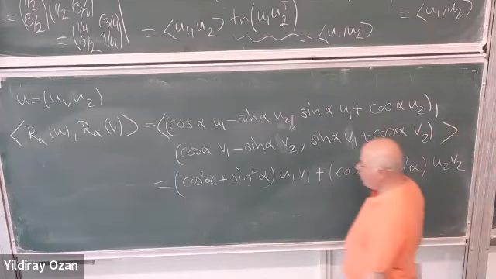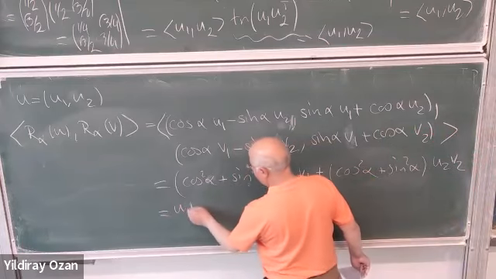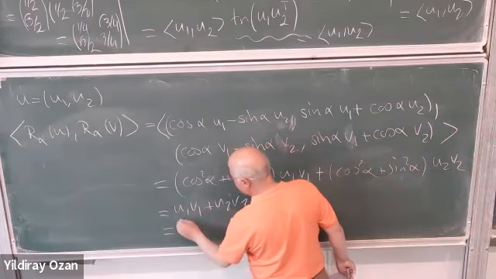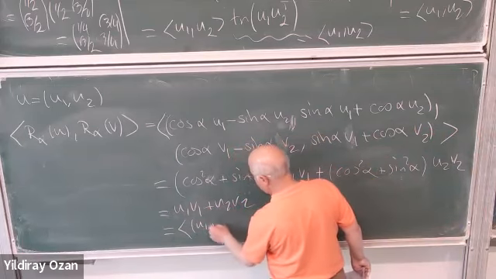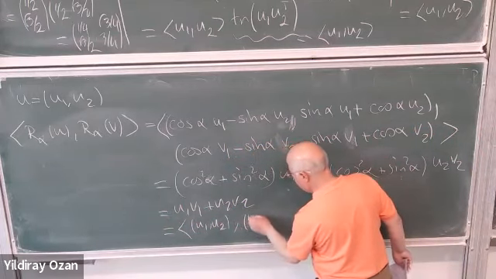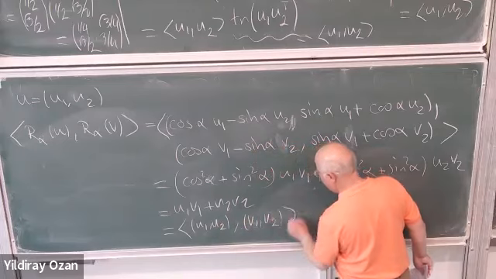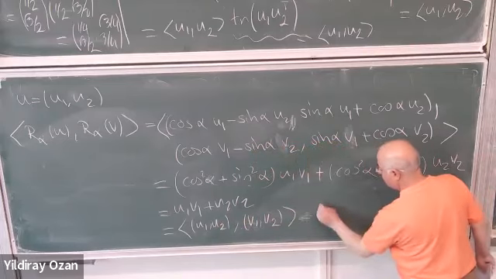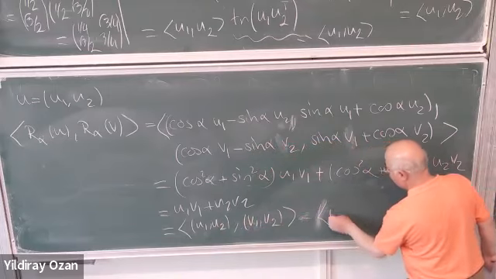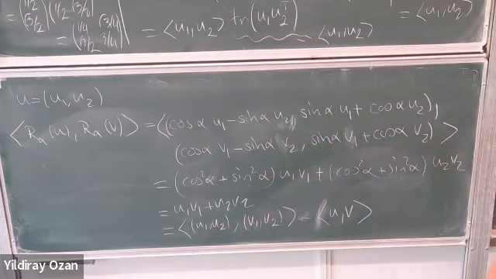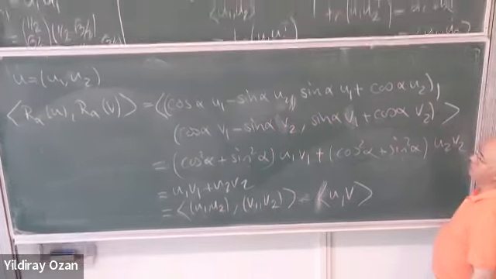But these are just one, so that is just u1 v1 plus u2 v2, and this is the same thing as the inner product of these two vectors. Therefore, this is just the inner product of u and v. Therefore, R alpha is orthogonal, it preserves the inner product.